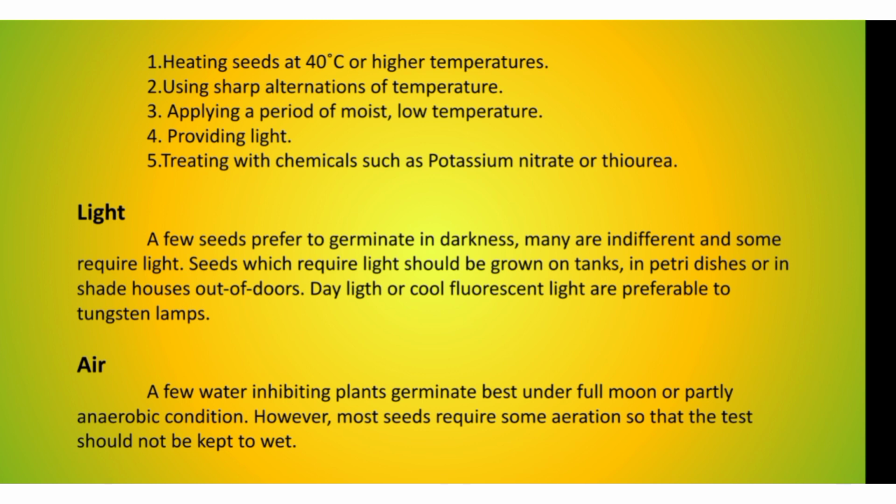So that's the difference: the color and the length of the seedlings. Seeds which require light should be grown on trays, in petri dishes, or in shade houses out of doors. Daylight or cool fluorescent light are preferable to tungsten lamps.